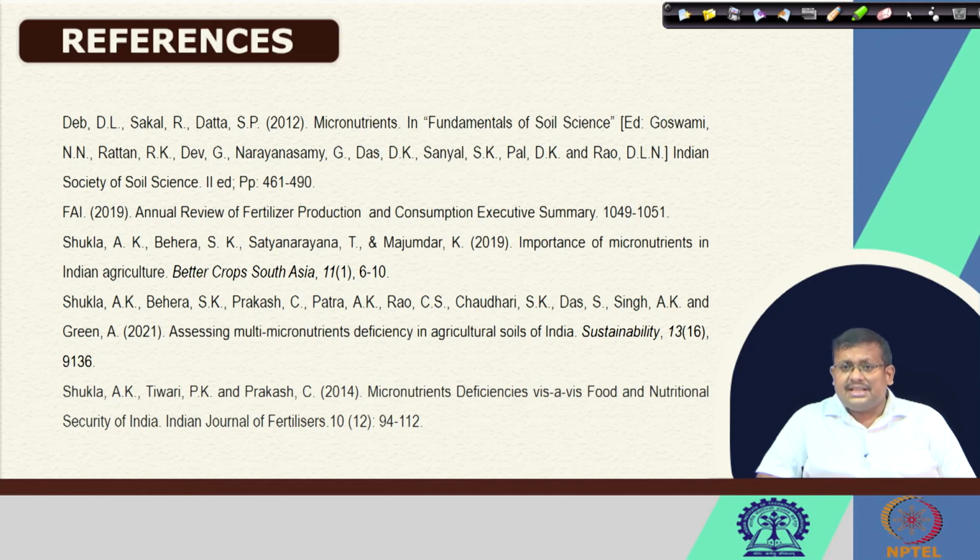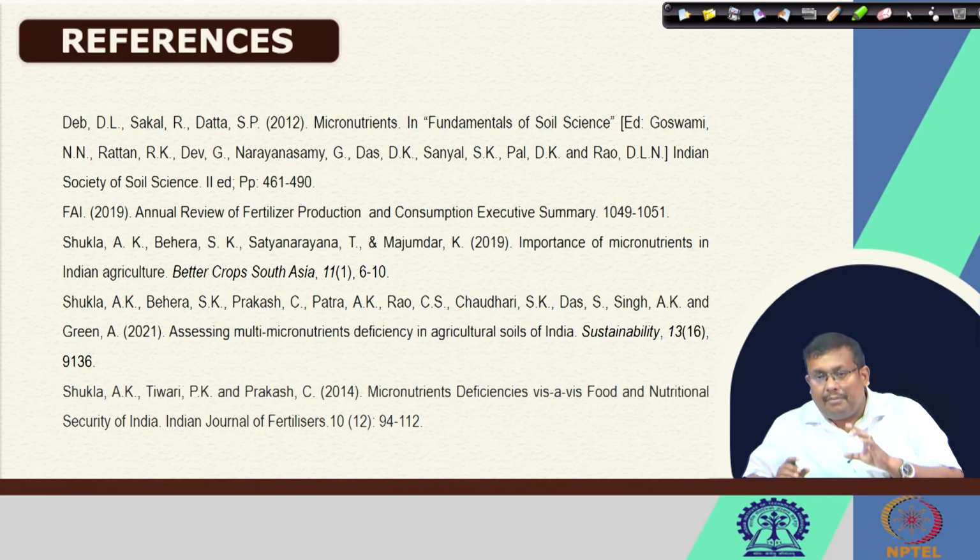We have also discussed the nutrient deficiency status in India, where we can see that zinc and boron account for the major micronutrient deficiency, and we have identified those areas within India which show high micronutrient deficiency for individual micronutrients. So, we have discussed this.